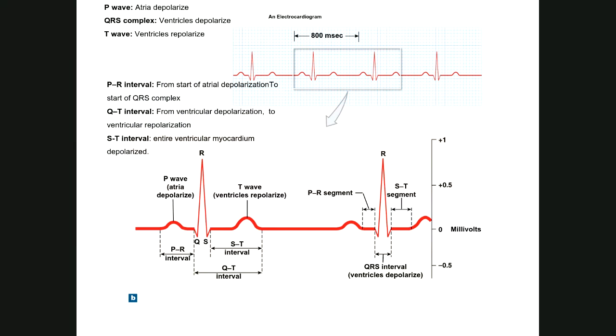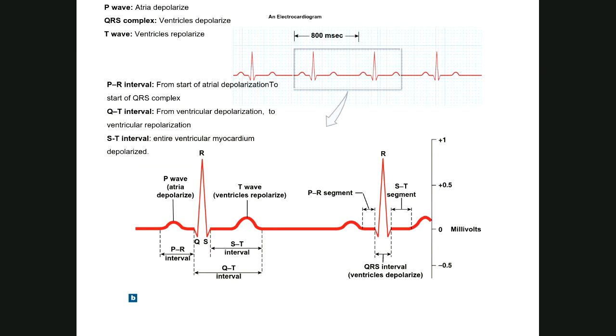And the PR interval is from the start of the atrial depolarization to the start of the QRS complex, or the ventricular depolarization. And we have the QT interval, which is from the ventricular depolarization to the ventricular repolarization.